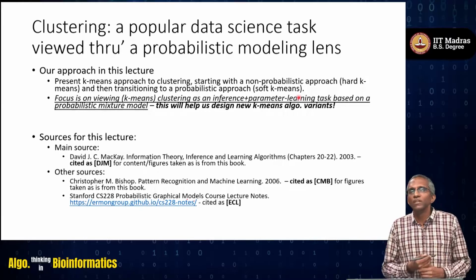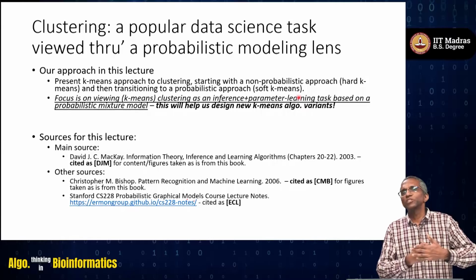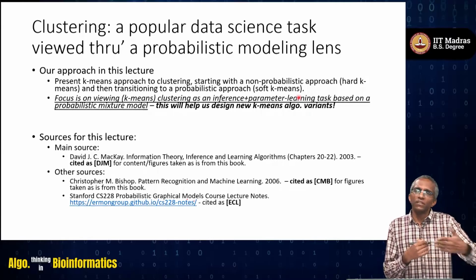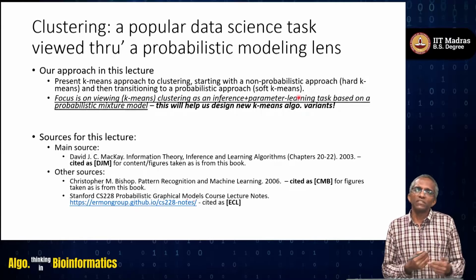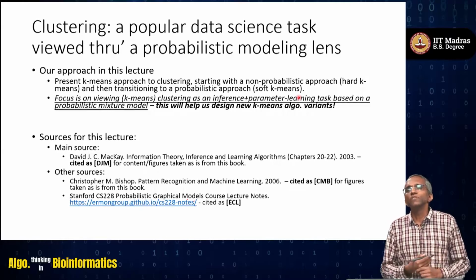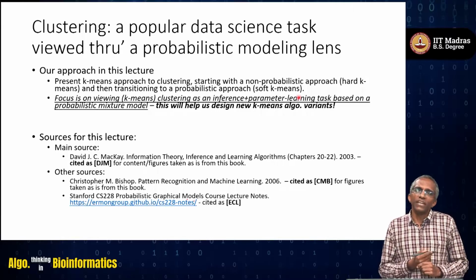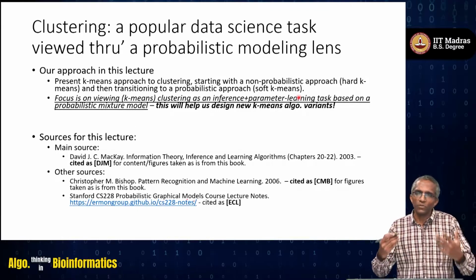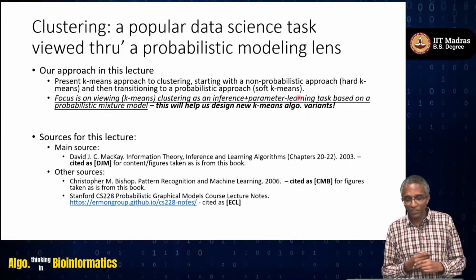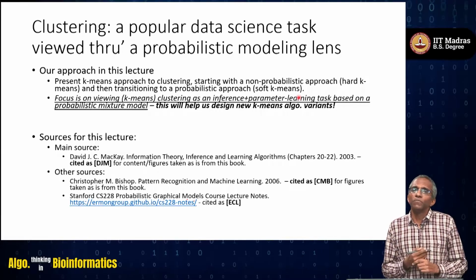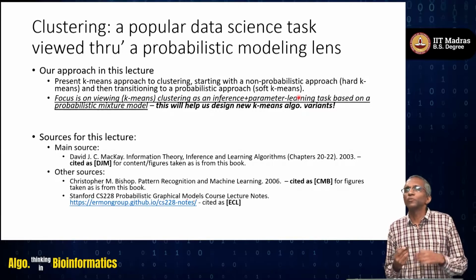This connection between probabilistic mixture modeling and k-means clustering will help us design new variants of the k-means algorithm. That is the main takeaway I want you to get out of this lecture, on top of the k-means exposure that you may have already had.